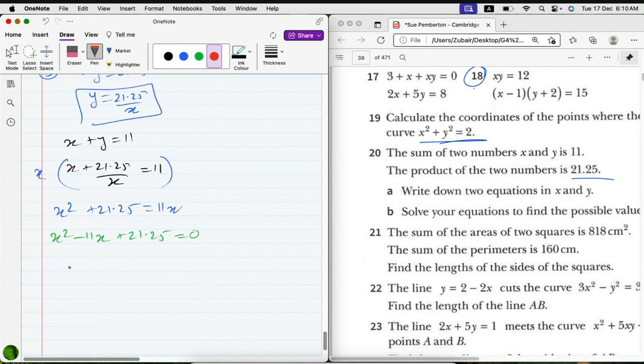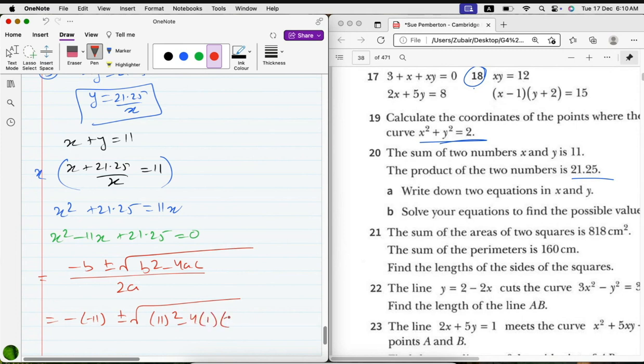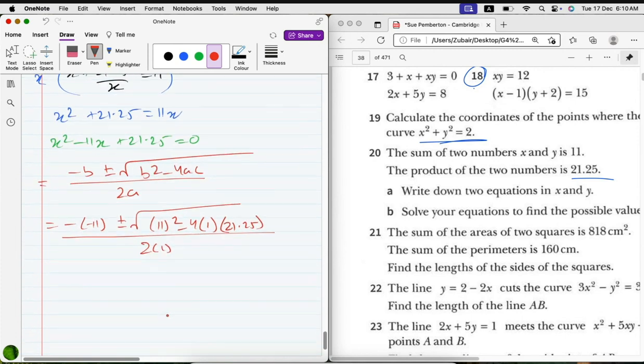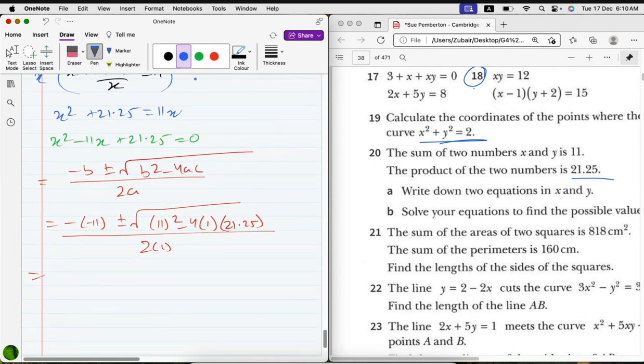This time I'm using the quadratic formula. Minus b plus minus square root b square minus 4ac over 2a. That's minus minus 11 plus minus square root 11 square minus 4 into 21.25 over 2.